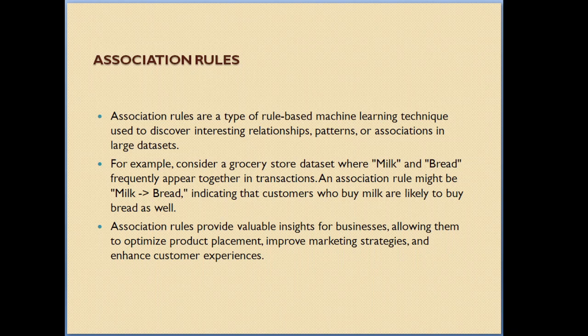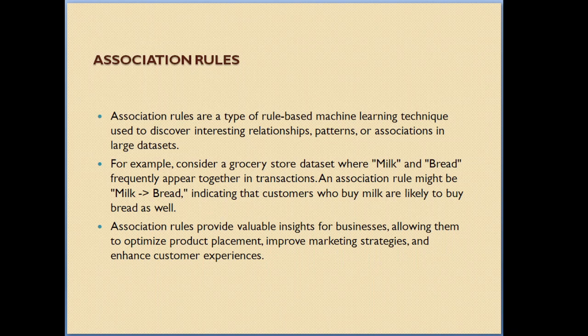We have seen in many items that if we are buying milk, then we are definitely buying bread, or it could be that if we are buying bread, we also buy milk. That is what association rule is supposed to be.